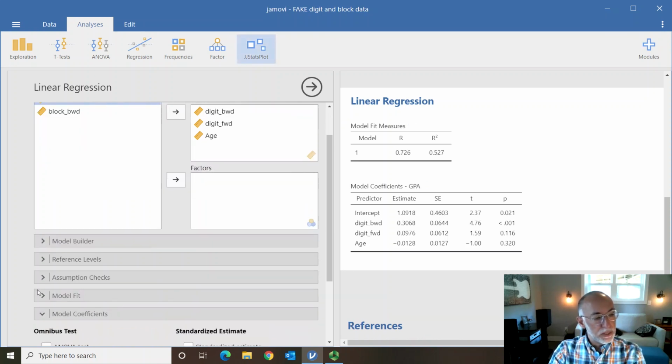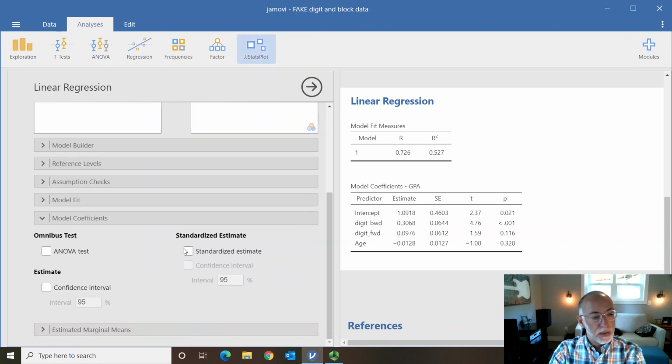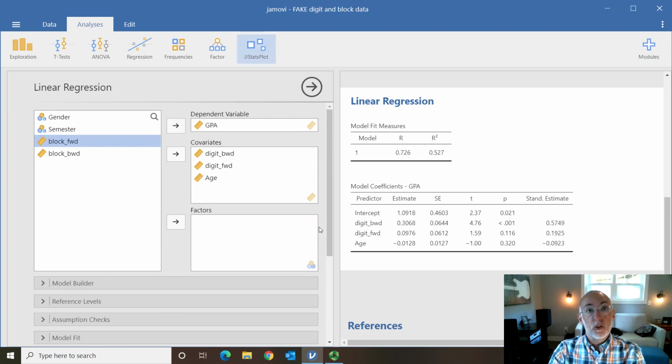Because I have multiple things in here under coefficients, I'm going to ask for standardized estimates. That applies the z-distribution to them so I can compare them. Age is a very different variable than digit span. And comparing the two directly is an apples and oranges comparison, which is why we ask for standardized estimates.